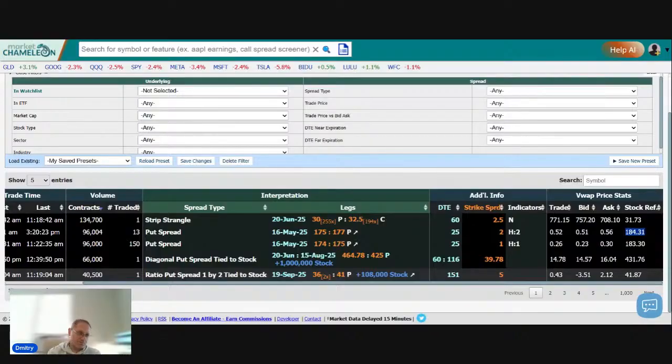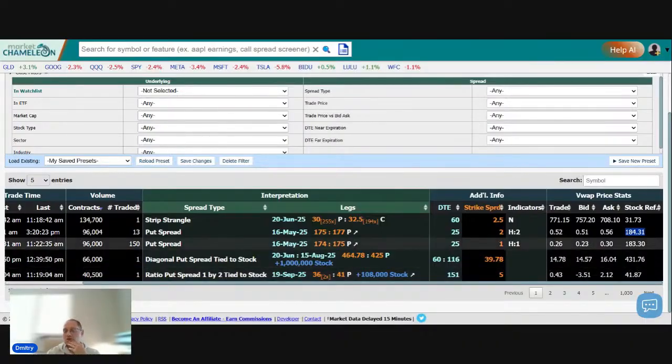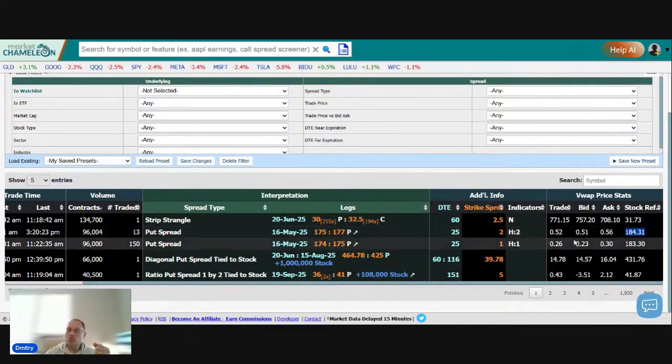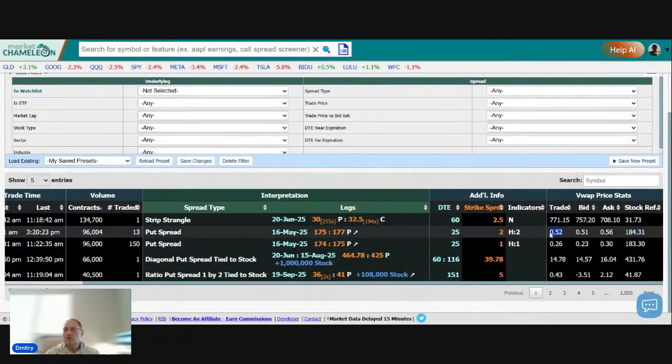And if you're looking to sell, you could look for other ones to sell that are closer to the offer. Or even if you agree with this one and you think it happens to be overpriced and you're a seller, well, now you have a sense of where the markets are trading in this particular option, or in this particular spread.